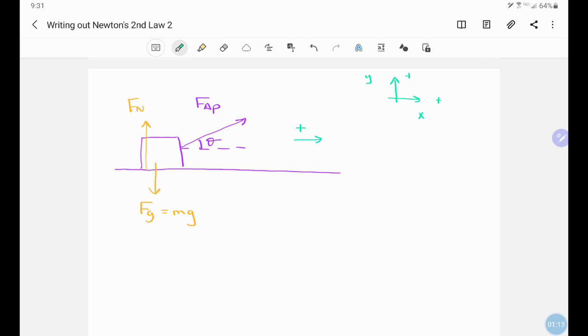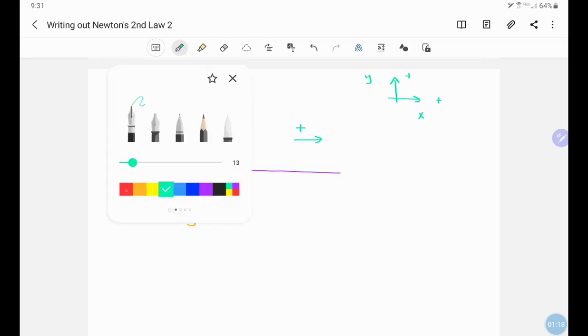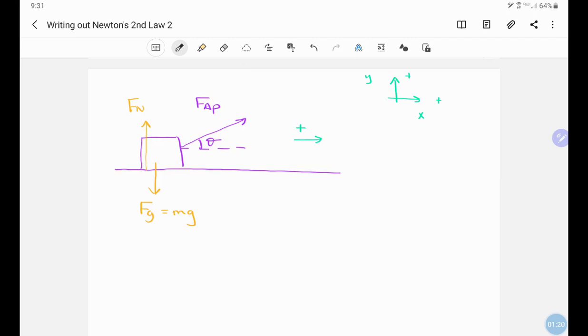Now, once we've done those two things, I am going to break up my vectors into horizontal and vertical components. So the only vector that I need to do that with is applied force. So there is an FAPX here and an FAPY. Based on what we know from trig, FAPX is going to be FAP cosine of theta.